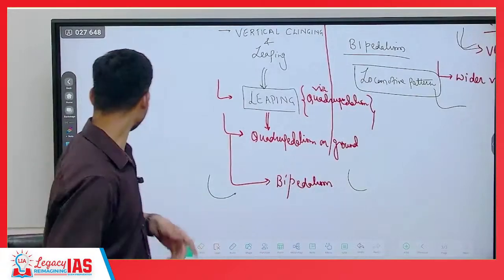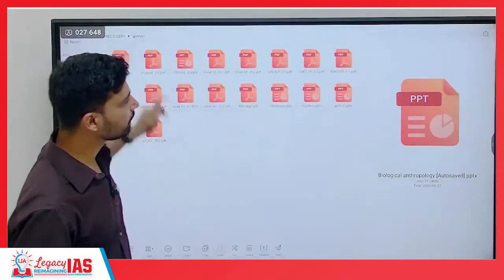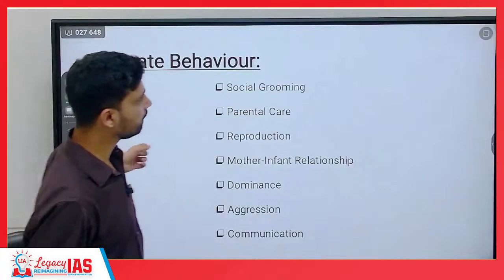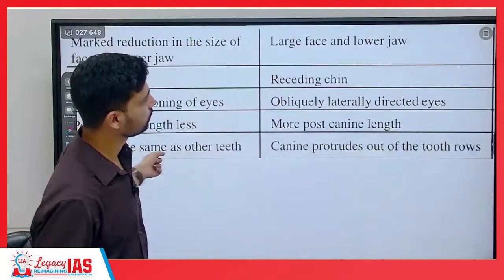Now we have to talk about the evolution that has happened due to bipedalism. So we can start with the fossil evidences.